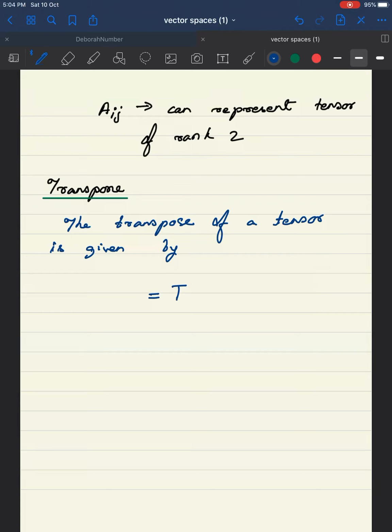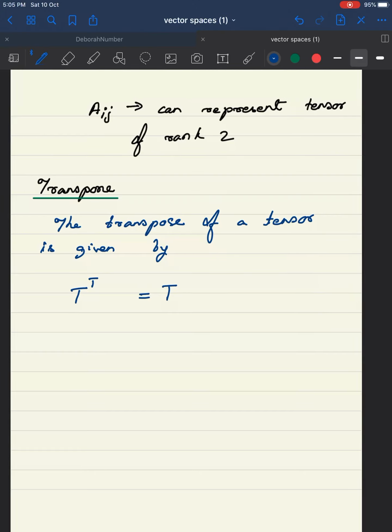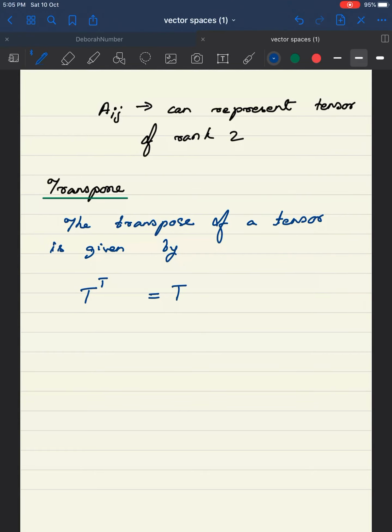So let's say the transpose of a tensor. Let me write on this side, that will be easier. So let's say T is A, I will be using A. Say we have I, J all the way to K. Then the transpose is a tensor such that now you have reversed this direction.